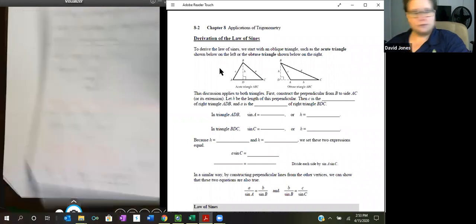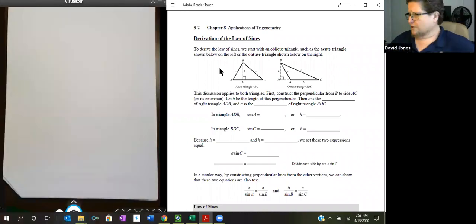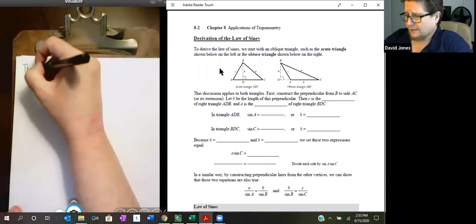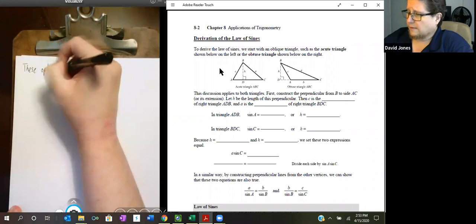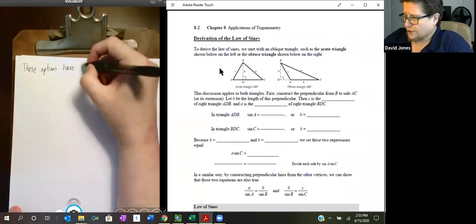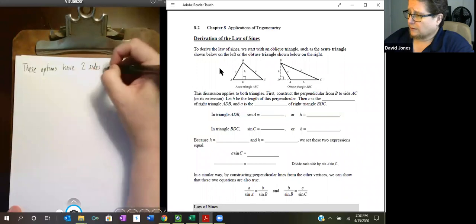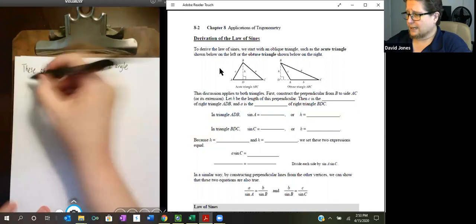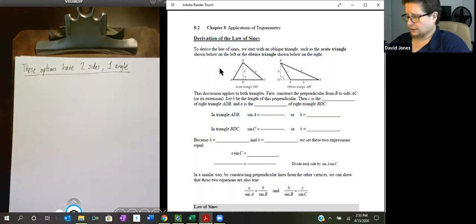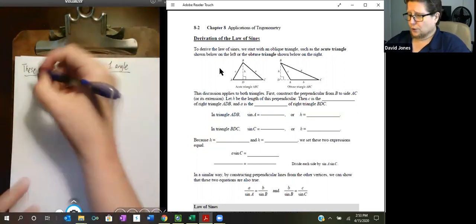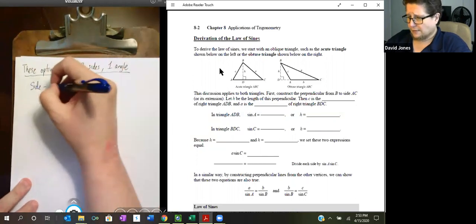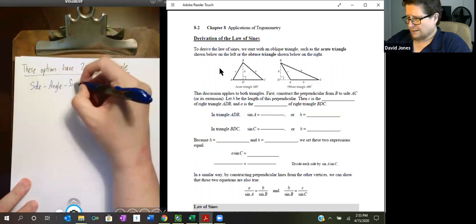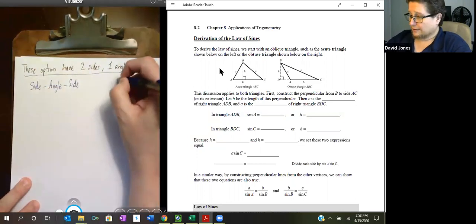We have three more options. Two of these options have two sides, one angle. Last ones, we had two angles, one side. These are two sides, one angle. We can do side, angle, side. And this one looks like an alligator.